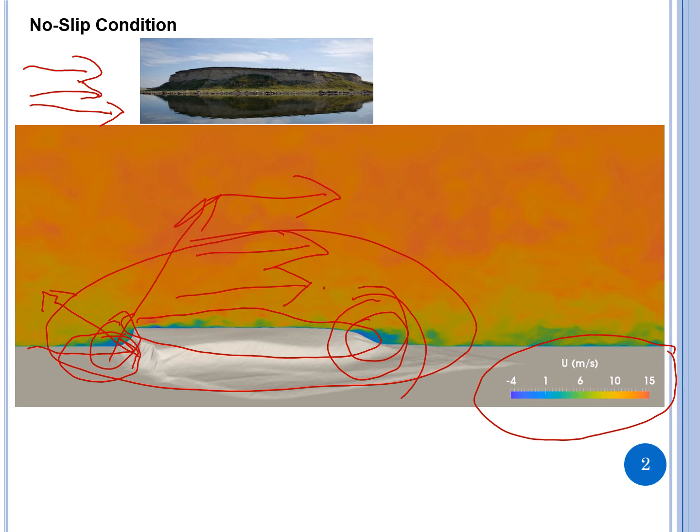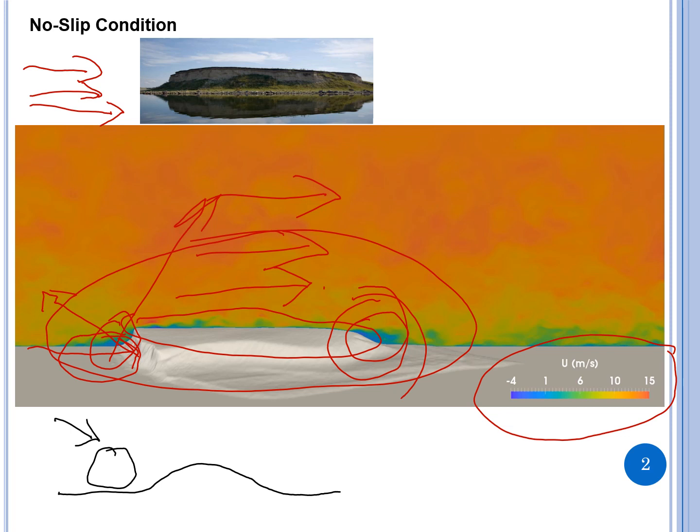Why is it so? It is because of flow separation. To explain flow separation, an example I use all the time is about a car. If there is a speed bump and a car approaches it, this is the wheel of the car.